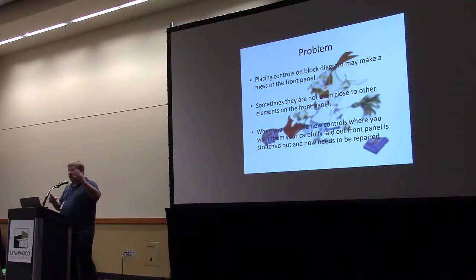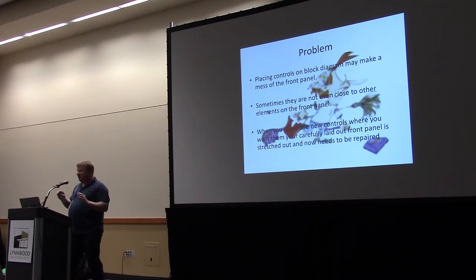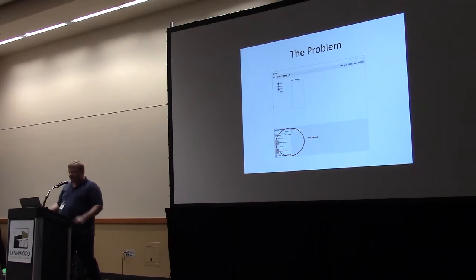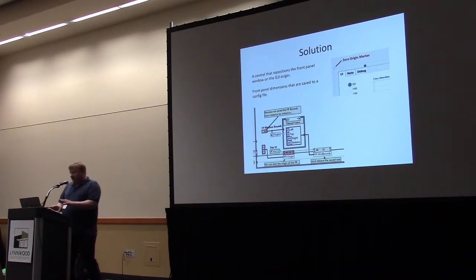You might have carefully arranged everything very nicely, and now it's all messed up. Here's an example of that. I just put some controls on there, and it's not going to put them nicely in the tabs. So here's another way.